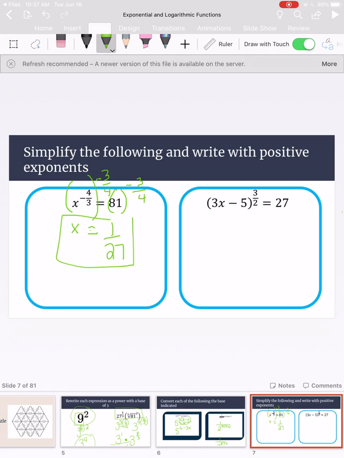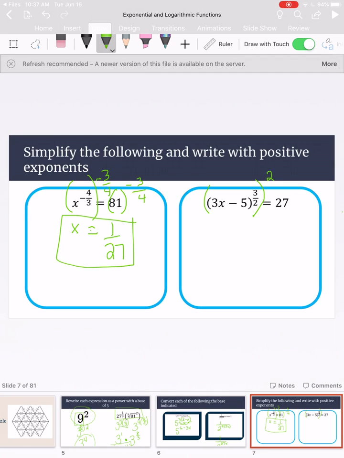So again, what we did there is we raised by the negative reciprocal. And the reason we did that was so that it would cancel out and give us an exponent of 1. And if we do that to the left side, we also need to do the same on the right. So here again, I'm going to raise this by the reciprocal. I don't need the negative reciprocal this time because I have a positive exponent.